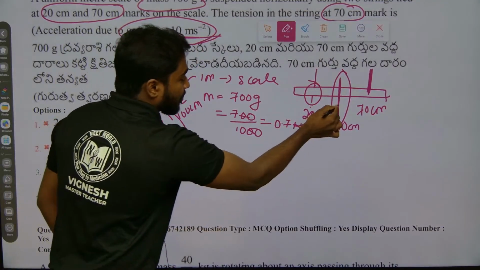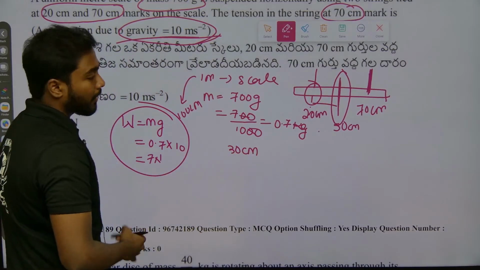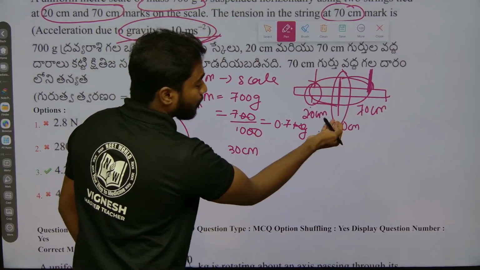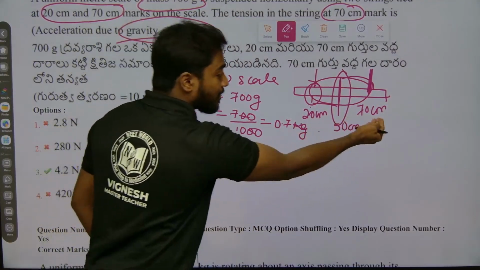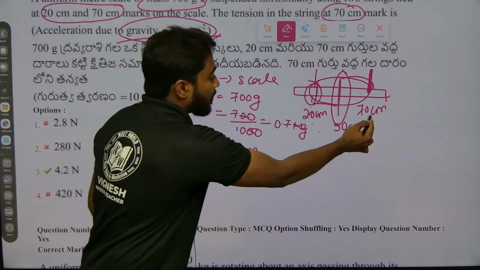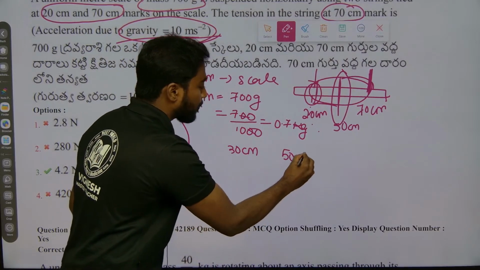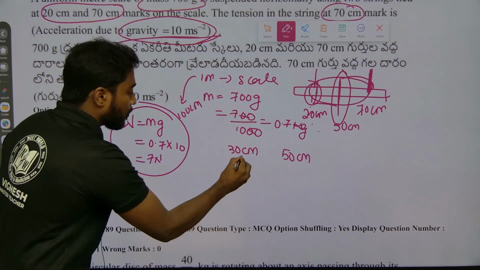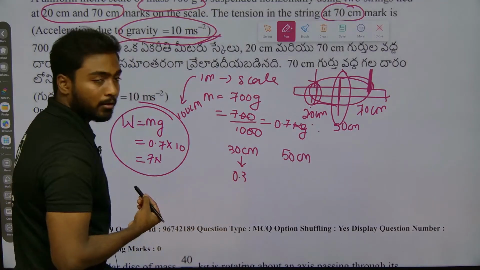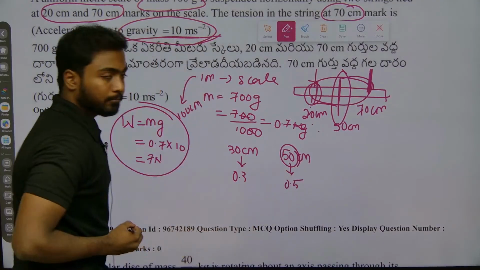So how much distance is this? 30 centimeter, right? What about the distance from 70 to 20? That is 50 centimeter, right? So I can convert it into meter, right? 0.3 meter, and this one 0.5 meter.